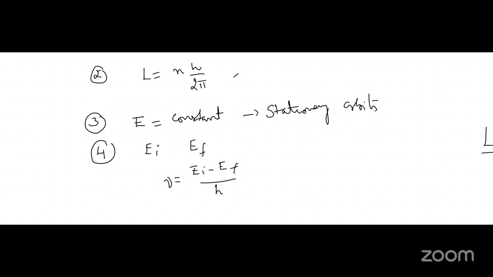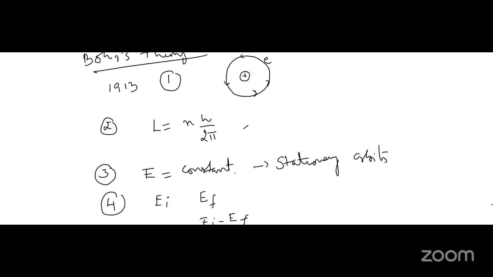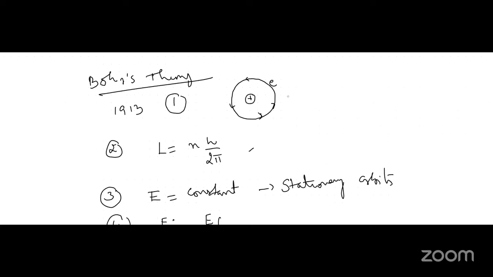If you look at these four postulates, the first postulate, that the electrons are revolving around the nucleus in circular orbits, gives the significance of the stability of the atom. Why the stability of an atom?